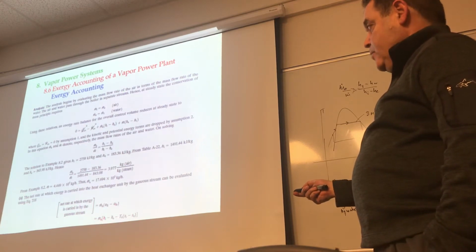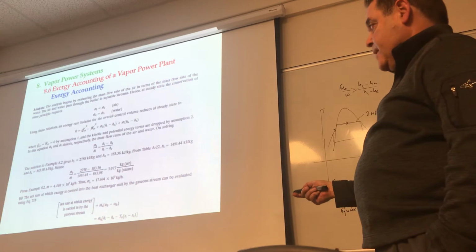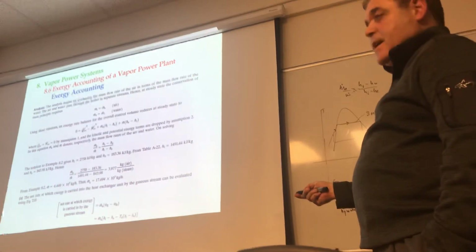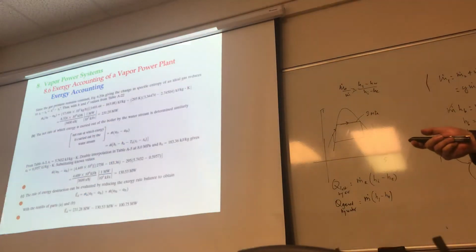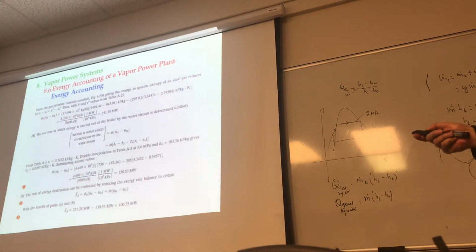Okay? And we know what the equation for this is, right? It's hi minus h exit minus T0 times si minus se. So we calculate that. I don't want to go into the details of it, but that's what it is. And then you find it's 231.38, okay?